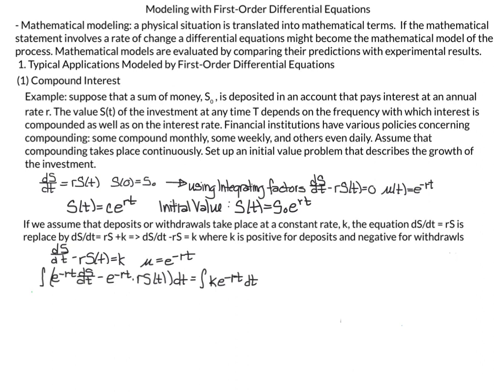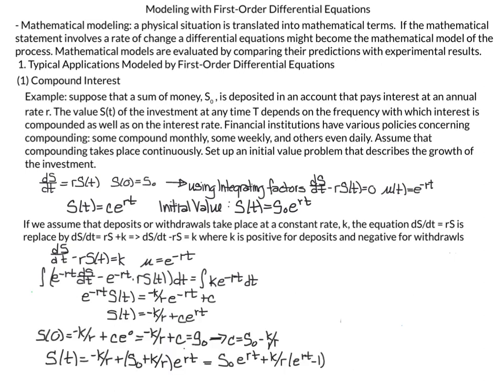I then can multiply my differential equation by my mu and then integrate both sides with respect to t. From there, on the left-hand side, I get my mu times my s of t, and then I integrate this and I get minus k over r e to the minus rt plus c. So I divide both sides of the equation by e to the minus rt, and I get s of t is equal to minus k over r plus c e to the rt.